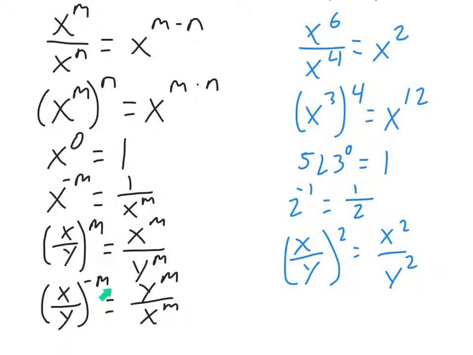And we still have to take that exponent, make it positive, and bring it to both of these. So, quick example of that. If we had x over y to the negative 3, that would be y cubed over x cubed. Alright, and those are rules of exponents. We'll be using all of these in this lesson.